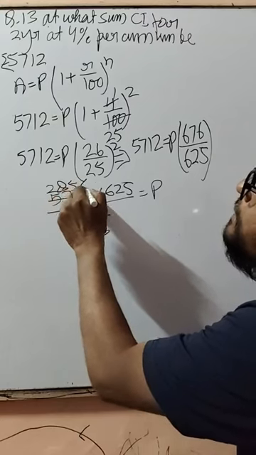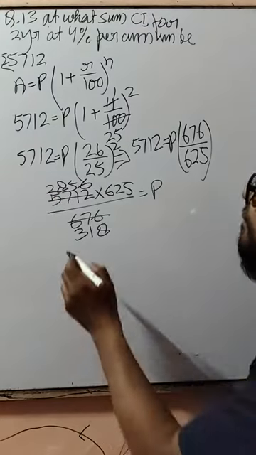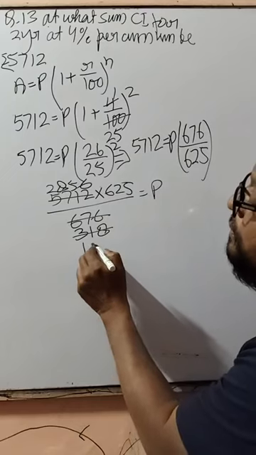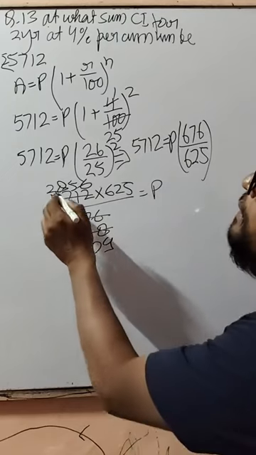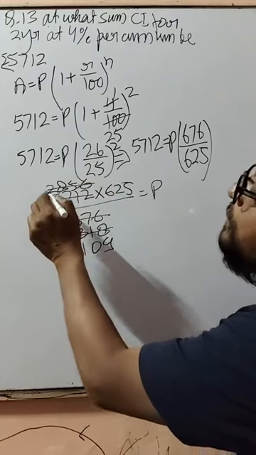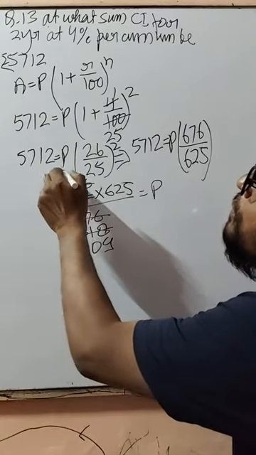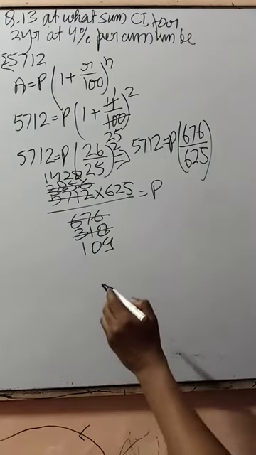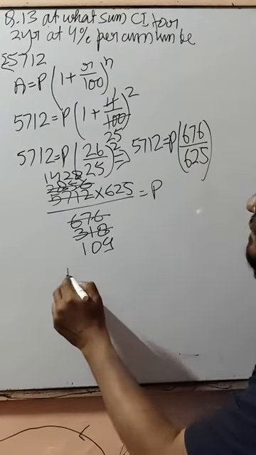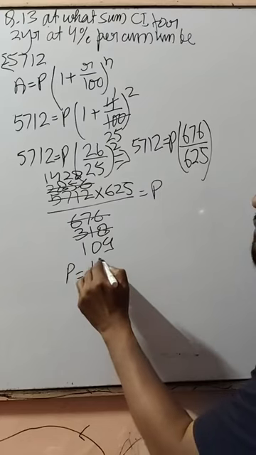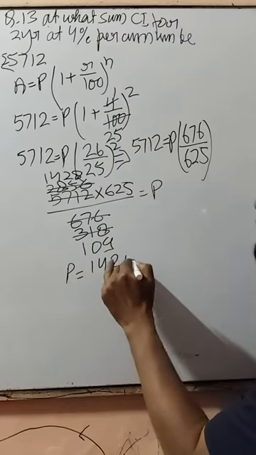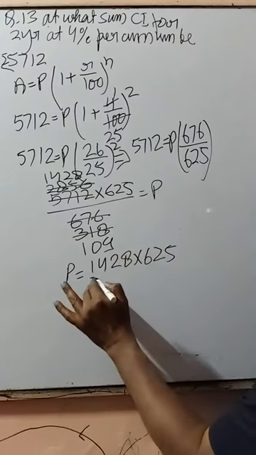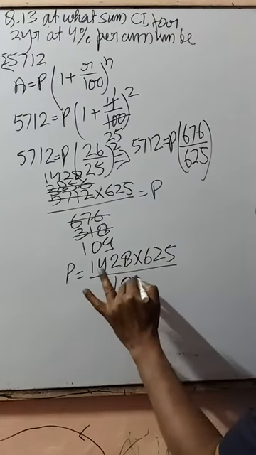We divide it by 2 again. So we get 1 0 and 9, and here 1 4 2 8. Now principal is 1428 into 625 upon 109.